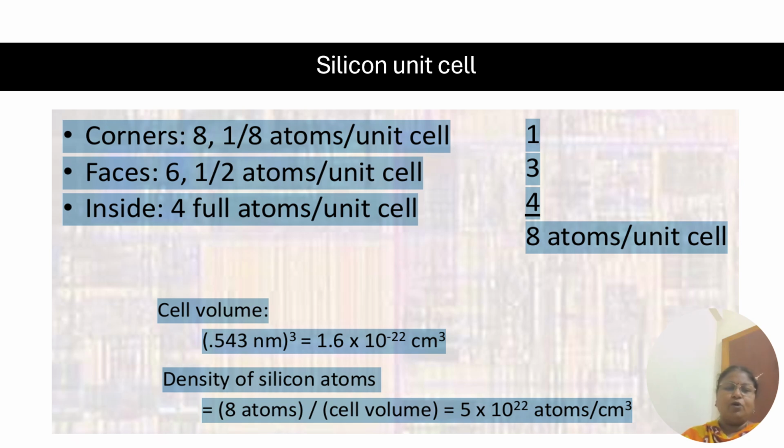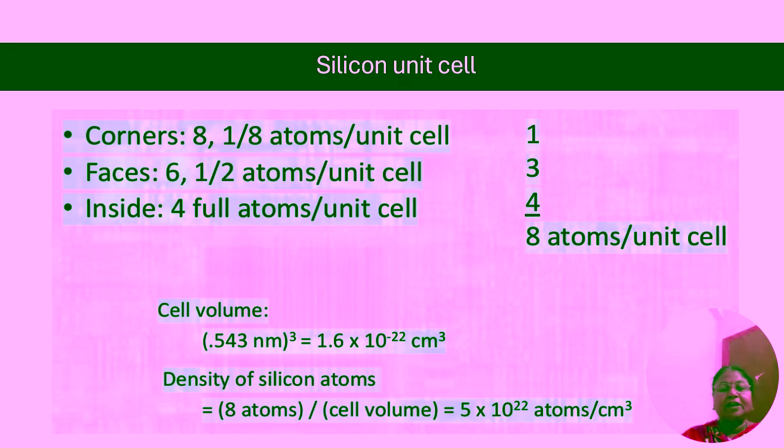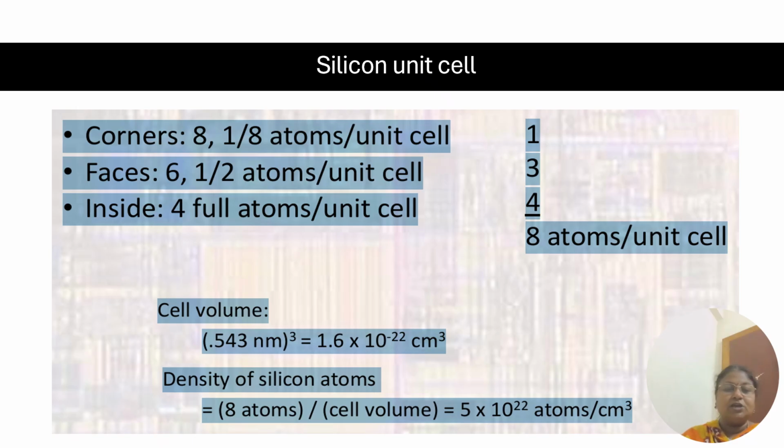Thereby the cell volume is going to be captured, 0.5 nm the whole cube, and in terms of centimeter cube we can have a conversion in cell volume. And the density of silicon atoms is represented in terms of the corner. So here 8 atoms are going to be there at the corner divided by the cell volume which we have calculated here. With respect to that, it is 5 into 10 power 22 atoms per centimeter cube.